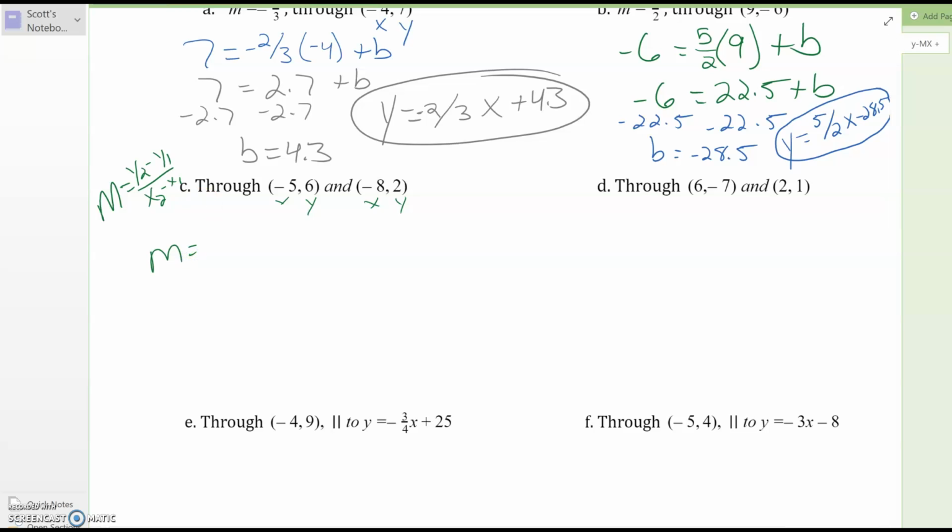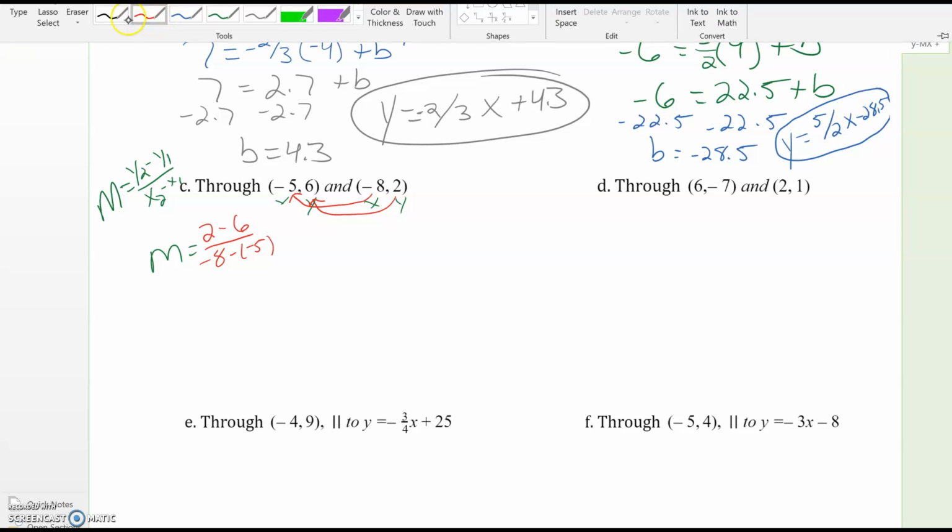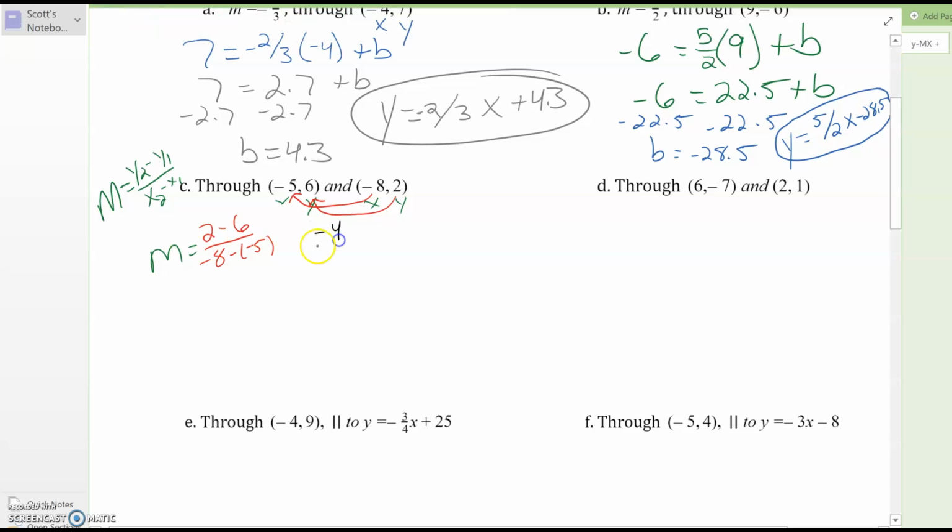M equals, so I'm going to have to do 2 minus 6 over negative 8 minus negative 5. All right, so now I'm going to ask you what the slope is. 2 minus 6 is negative 4. Negative 8, so if you have minus negative 5, changes to a positive. Negative 8 plus 5 is negative 3. Negative over negative is a positive.